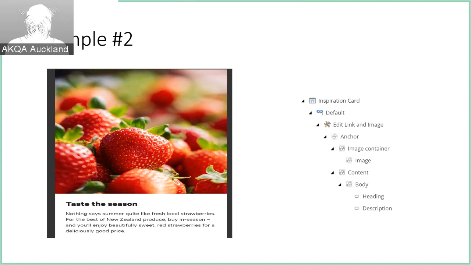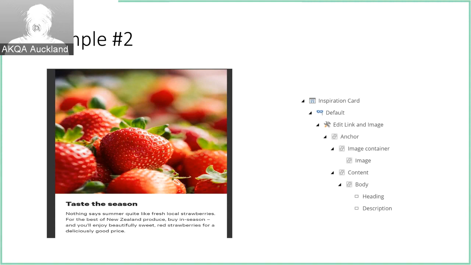We have to do that because you cannot give the edit functionality within the Experience Editor itself if you want to make the entire tile clickable. That's sort of a limitation. If it was just a link on, let's say, the title, we could give it in the Experience Editor itself. But as the requirement was that the entire tile has to be clickable, we have to use edit frame.